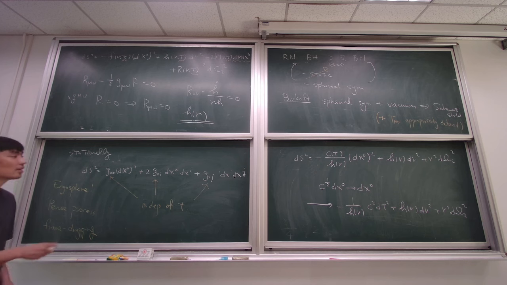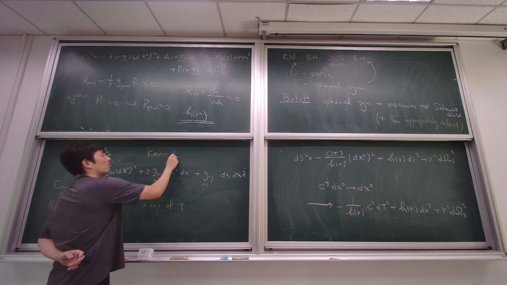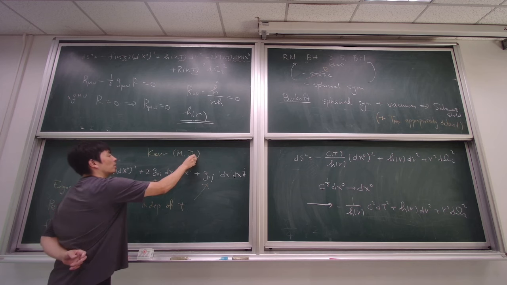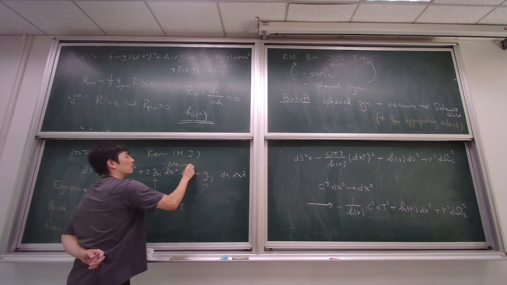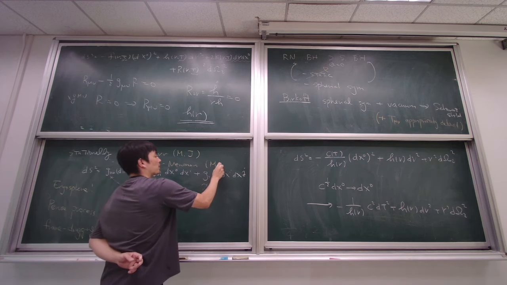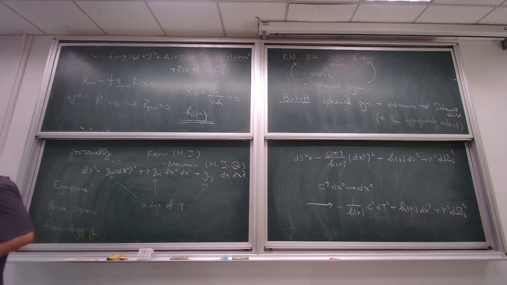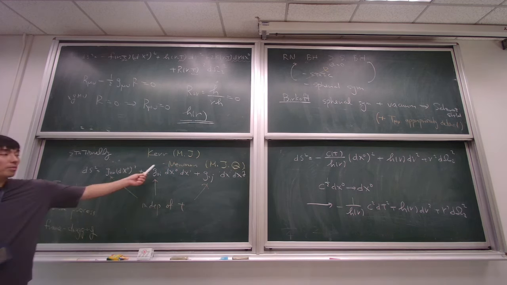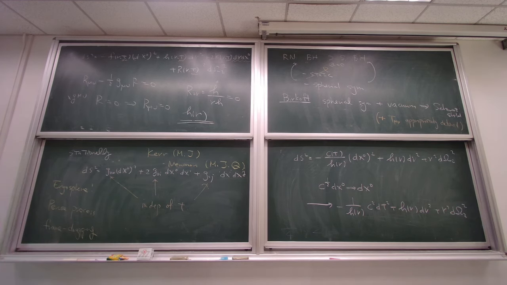So that's the Kerr black hole, which has mass M and angular momentum J, and if you add Newman, you have mass, angular momentum, and charge. This is the most generic black hole solution people can write down, as stated by the no-hair theorem.